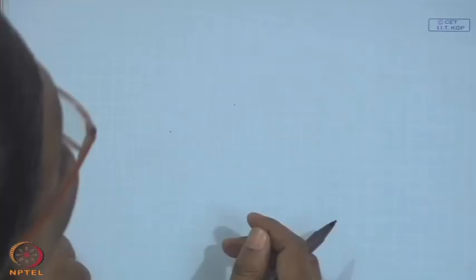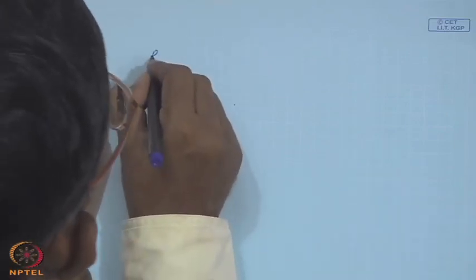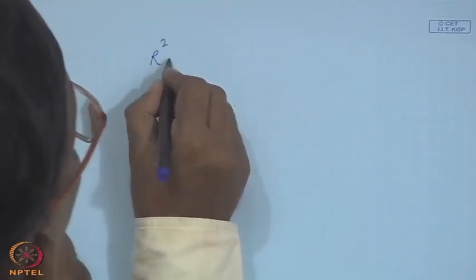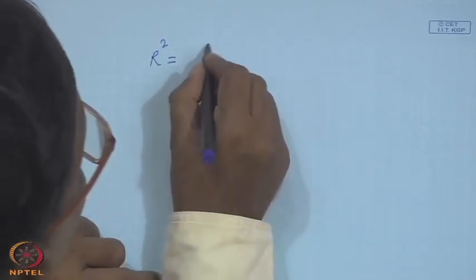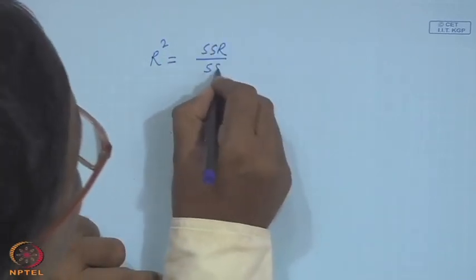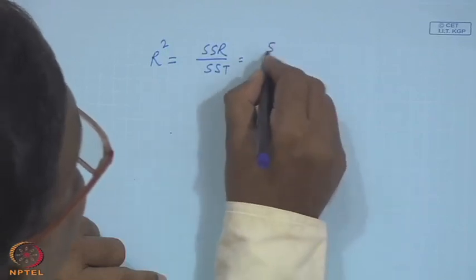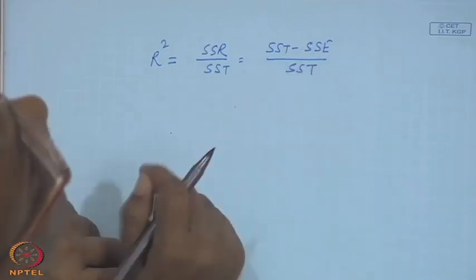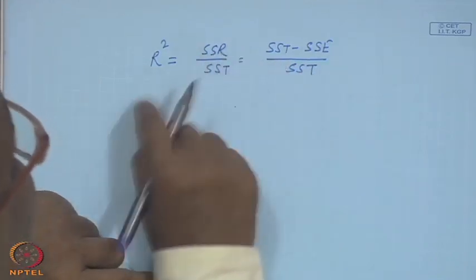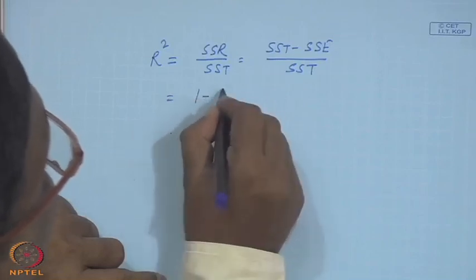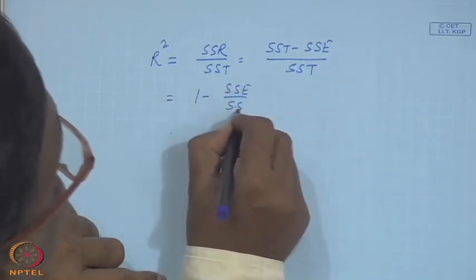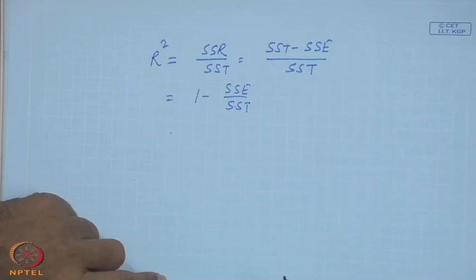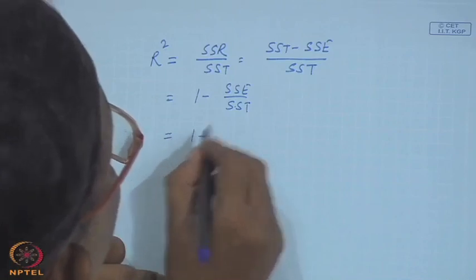Now, in R square there is one problem. If I write R square a little differently, it is SSR by SST, which is SST minus SSE by SST, because this is quite obvious. So, 1 minus SSE by SST, correct. What is your SSE?